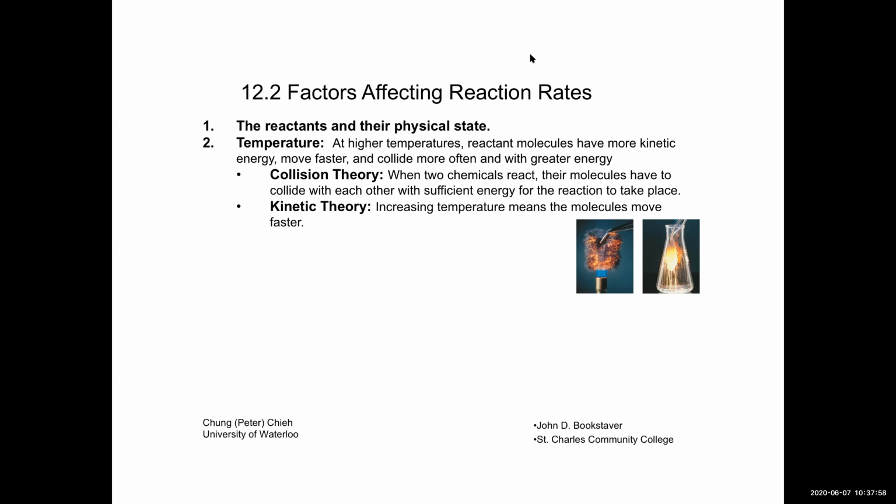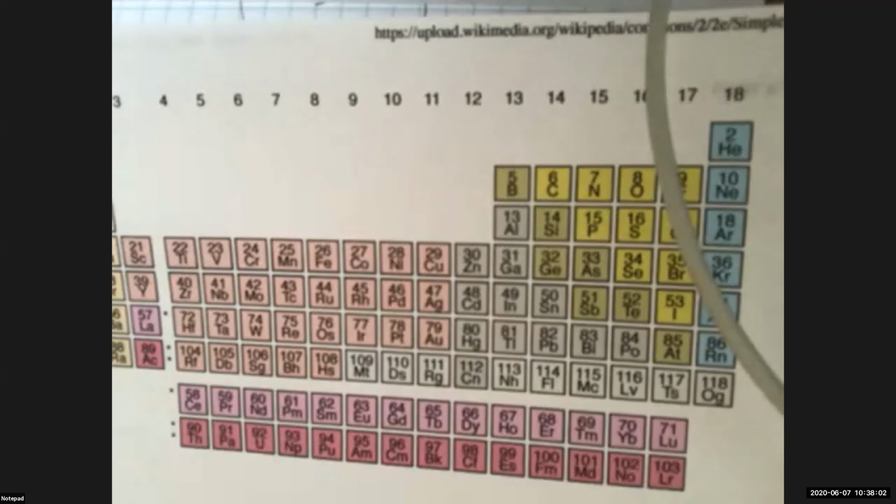And let me switch to that. Try to make it a little bigger. Made it bigger on my screen. I don't know if I made it bigger on your screen.